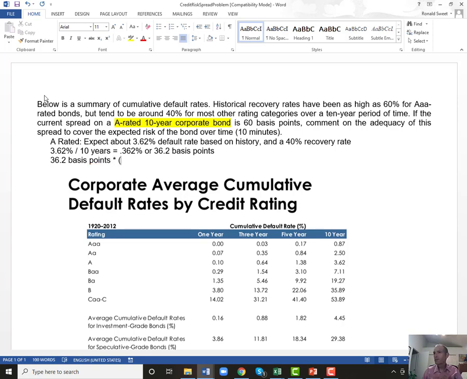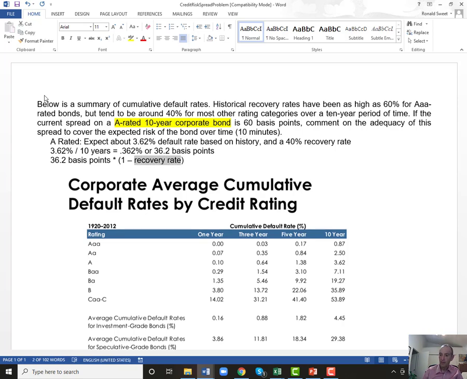Times the recovery rate? Well, no, because the recovery rate is what we get back. How much do we lose? We lose 1 minus the recovery rate. And our recovery rate is 40%.